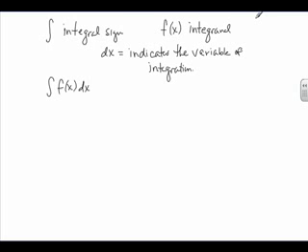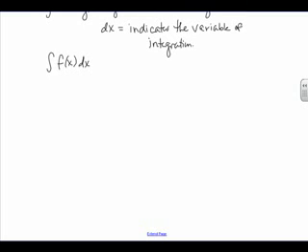Finding a derivative and finding an antiderivative are opposites. So since integration and differentiation are inverses, if we need to take the integral of a derivative, that's going to take us right back to the original function, plus c.